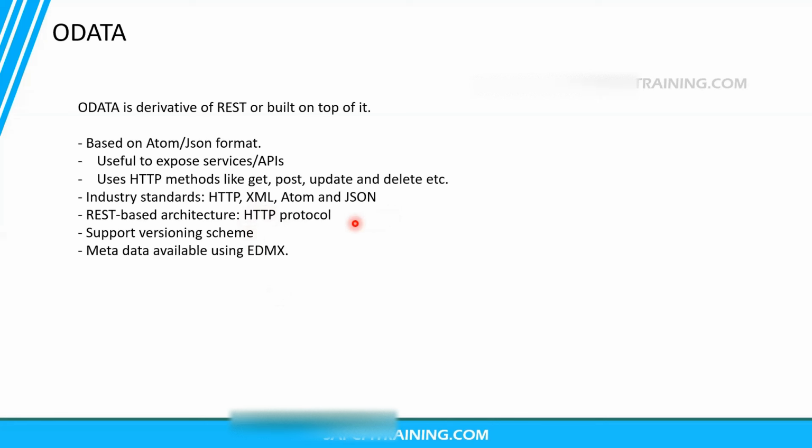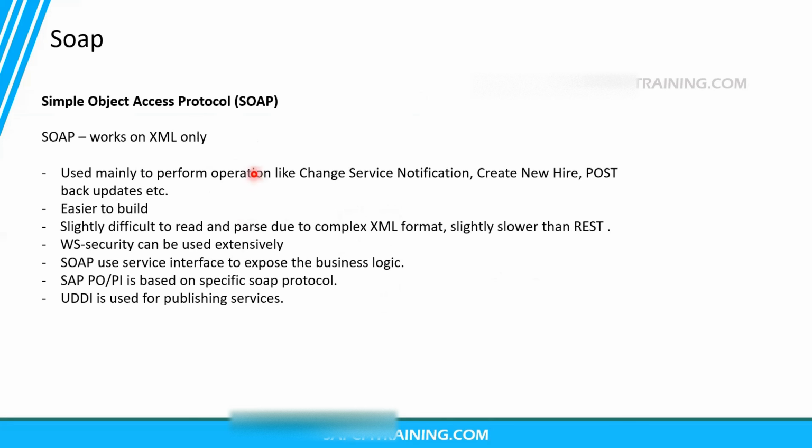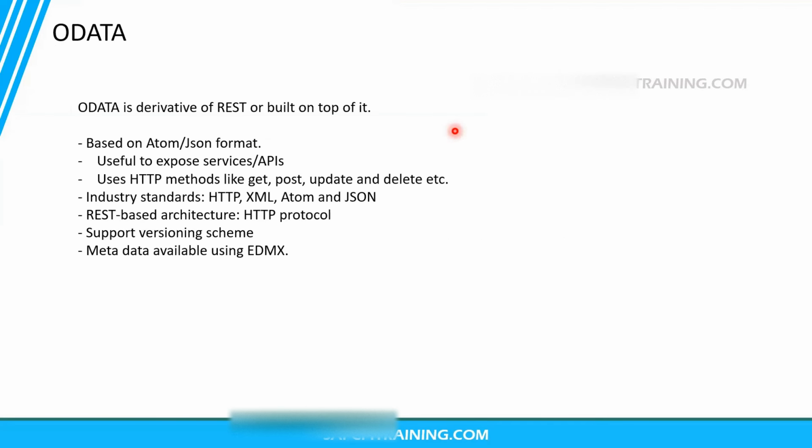Basically, we will use JSON format or Atom format. Both are supported in OData, but if you compare, SOAP only works on XML. Okay, so that is why OData is gaining popularity. OData can work on REST and XML both, JSON and Atom both.